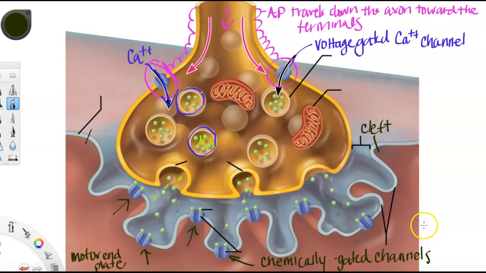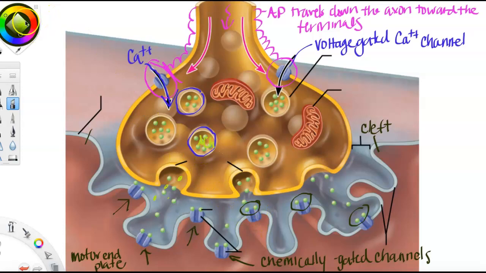They're not open, they're gated. The only way to open them is for some chemical, some neurotransmitter, to bind to them. So here is where they bind. That is the acetylcholine binding to these channels. And when they bind, the channels open.